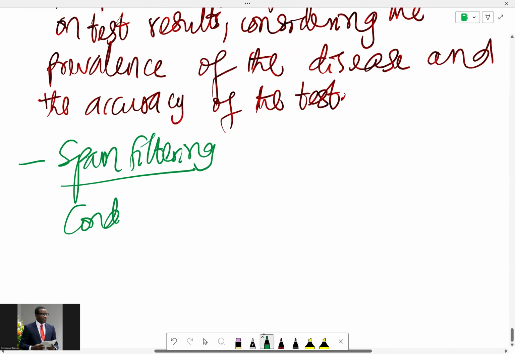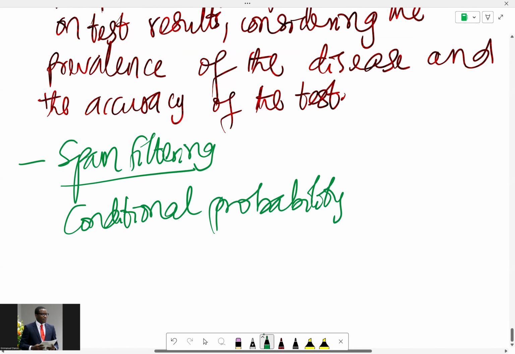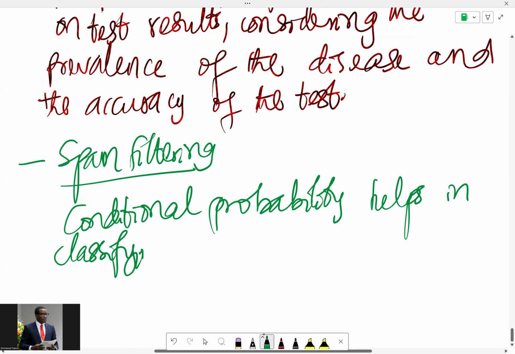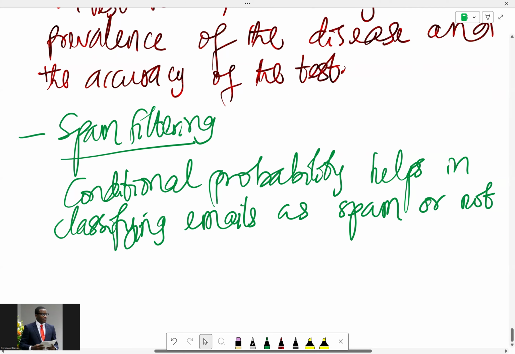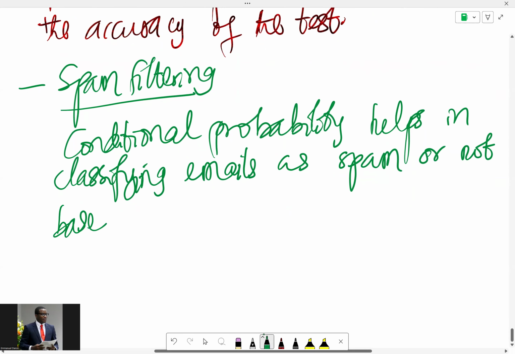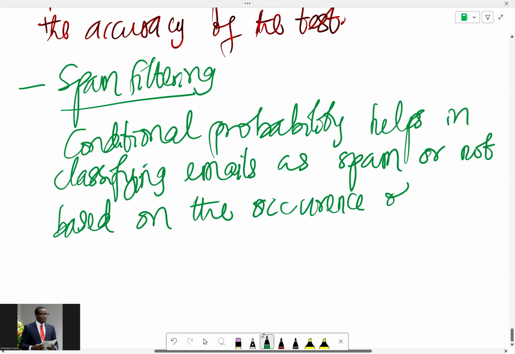So conditional probability helps in classifying emails as spam or not, based on the occurrence of certain keywords.